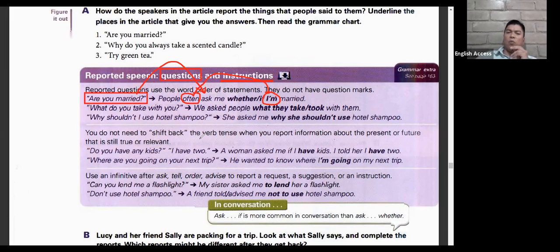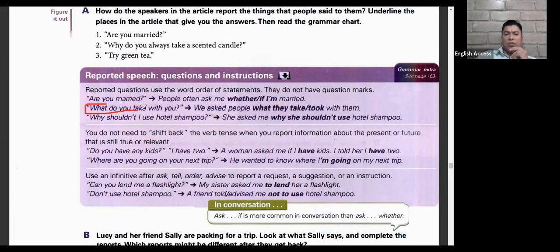So it's not a one-time question. You're not reporting what one person said in the past. You are reporting what people in general ask all the time. A normal question all the time. Then you say it with often and the simple present, if I am.